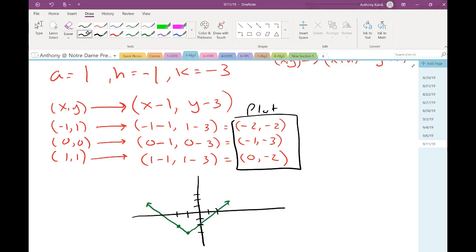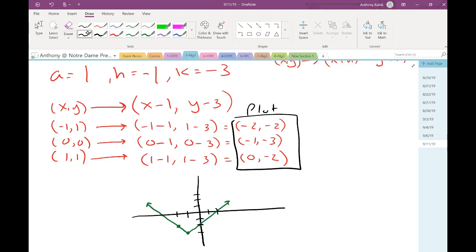So you see that what we're doing here is still the same thing that we did in the previous chapter when we talked about graphing functions in general. We're just now applying it to this specific type of function, which is the absolute value functions. The same techniques apply. We did everything the same way.